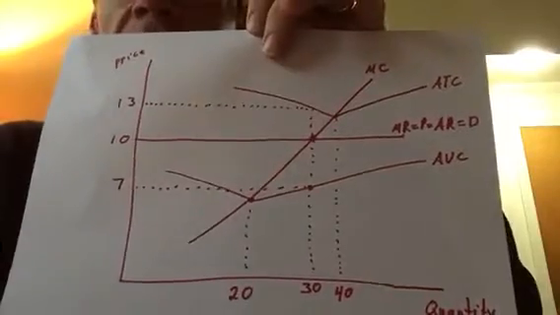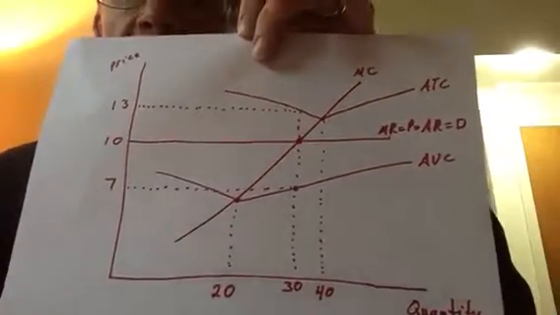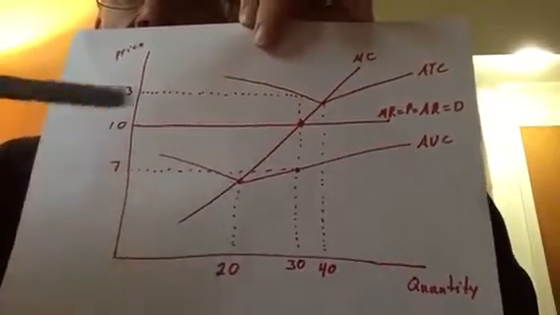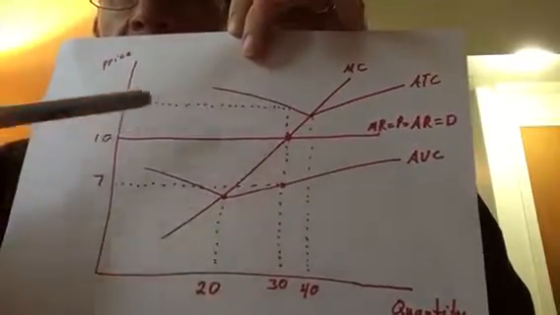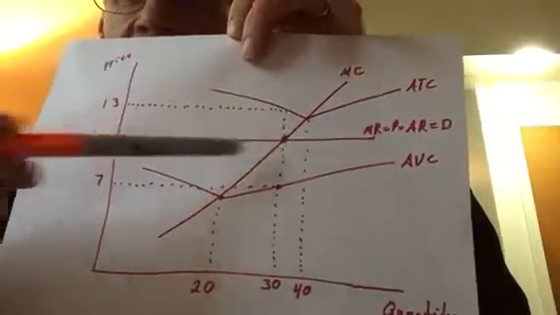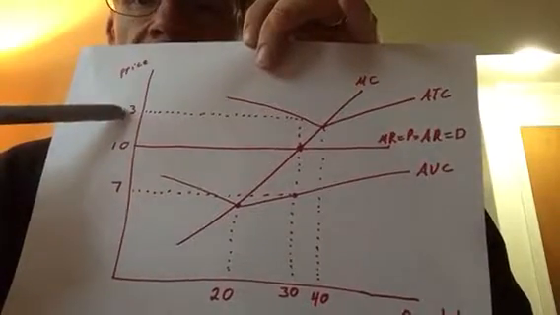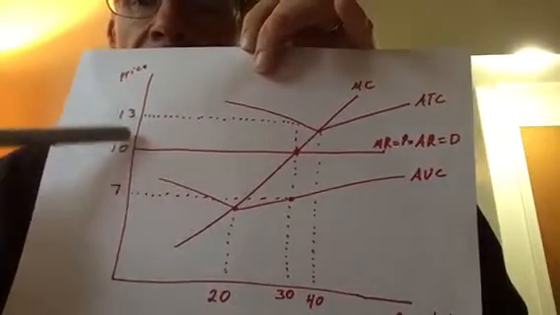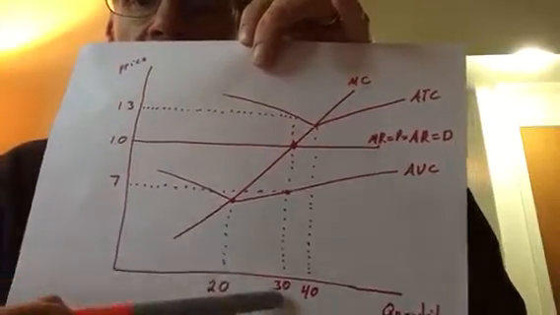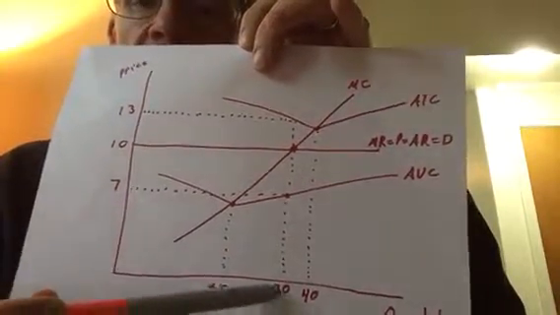Now, is this firm earning economic profit, economic loss, breaking even? And the answer is they're losing money because we use the ATC line. They have a price of 10, but they have a unit cost of 13, so they're losing $3 on every unit times the 30 that they should sell.